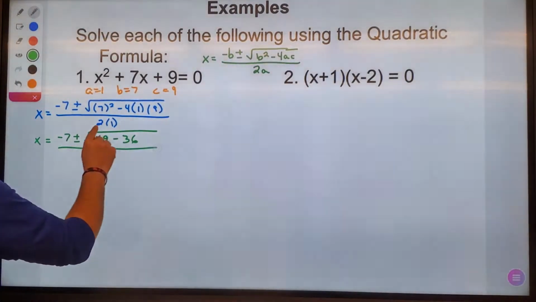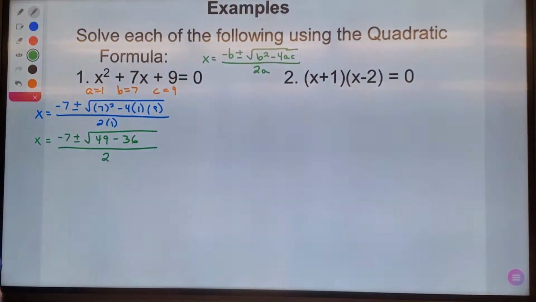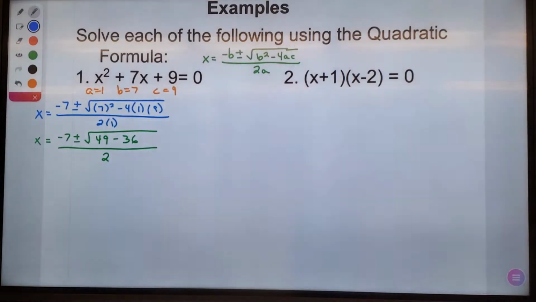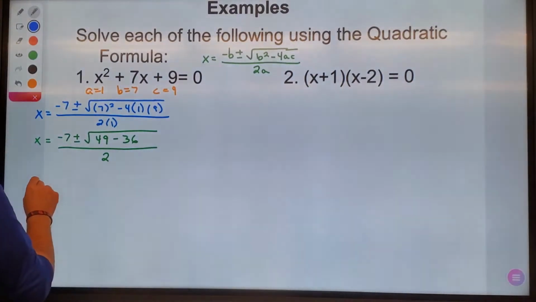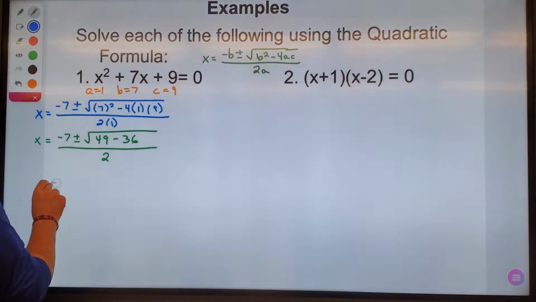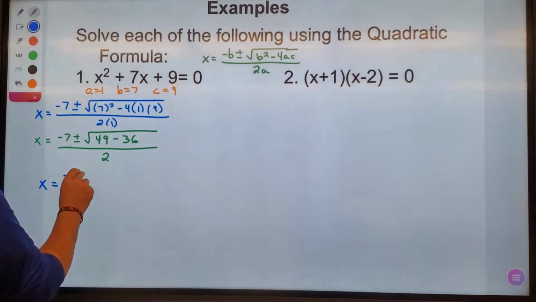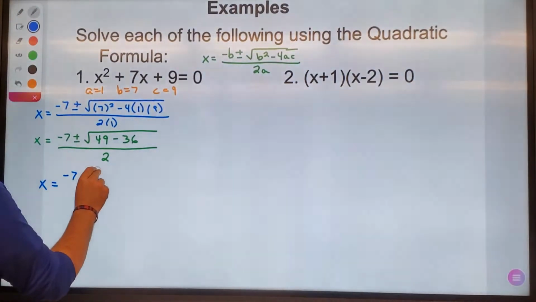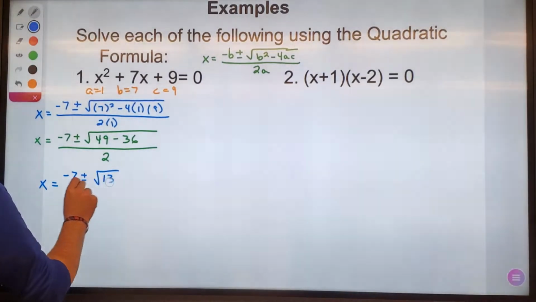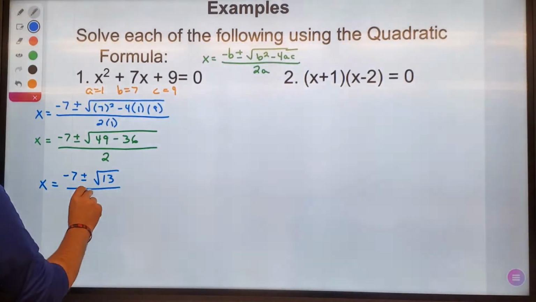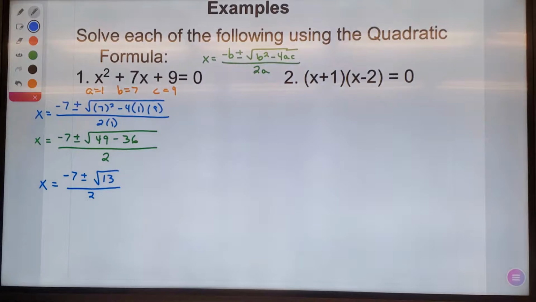Over 2 times 1, which is 2. Continuing then, we're going to simplify what's underneath that square root. 49 minus 36 is 13. So x equals negative 7 plus or minus the square root of 13, all over 2.